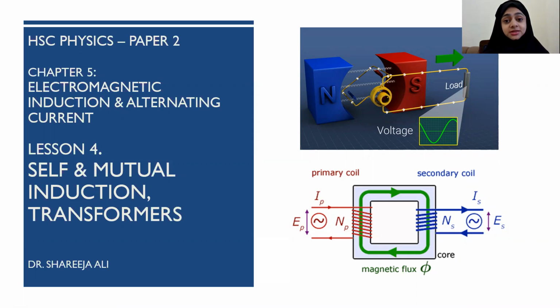And we have learned the laws put forward by Michael Faraday, the first and second law of electromagnetic induction, and also Lenz's law, which gives us the direction of the EMF developed during this process.